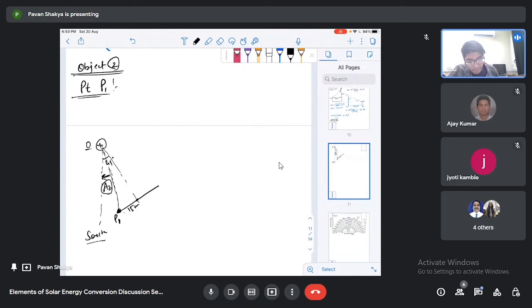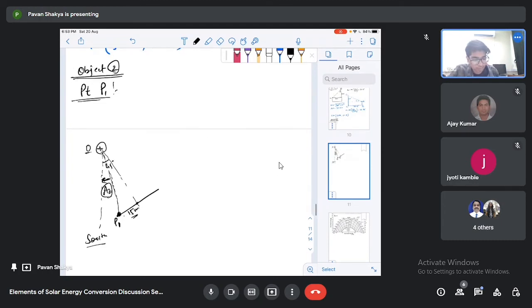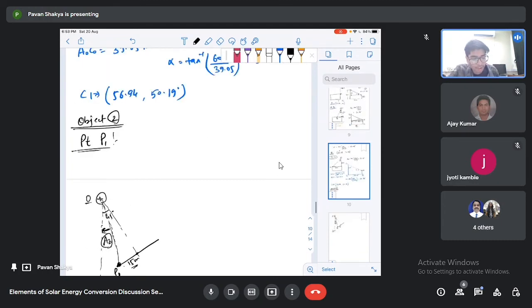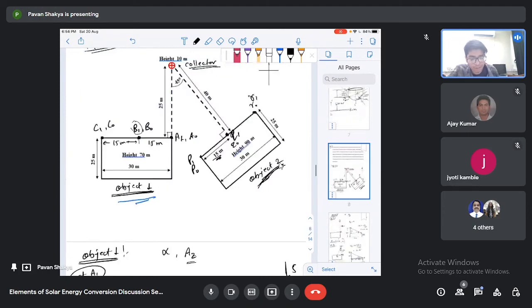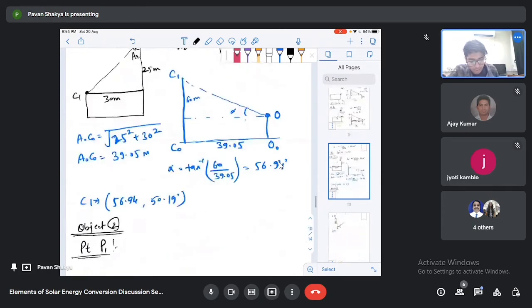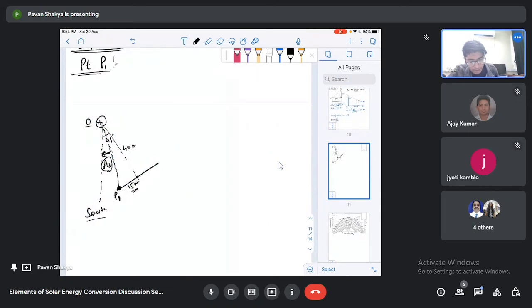So in the figure, we know that this one is our 15 meter. Also, the normal distance, that is 40 meter, is given in this problem. So this one is our 40 meter. Suppose this one is our P1, this one is Q1. Then in triangle OQ1P1, we can easily calculate this angle. Suppose this one is x degree.